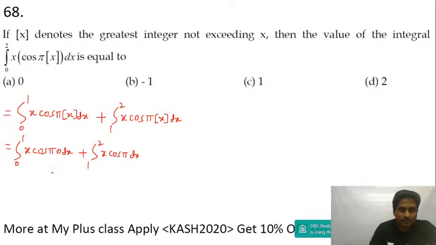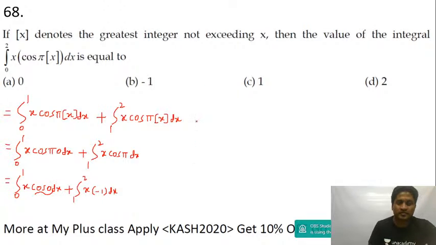Now this is equal to integral 0 to 1 x into cos of pi into 0, cos 0 is 1. And then this is 1 to 2, and then you get x into cos pi, which is minus 1.